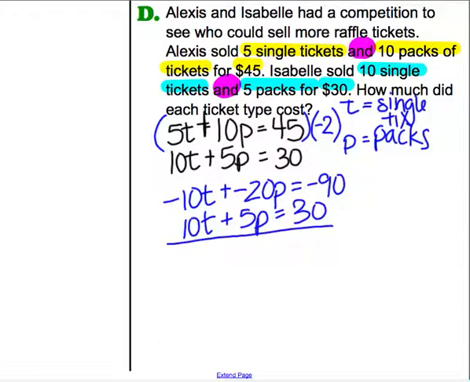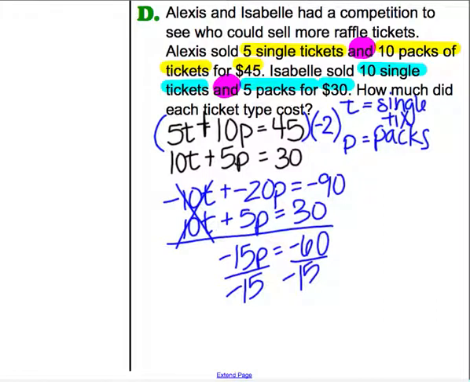So when I add this together, we get -15P equals -60, and divide by -15, and that gives me P equal to $4 per pack.